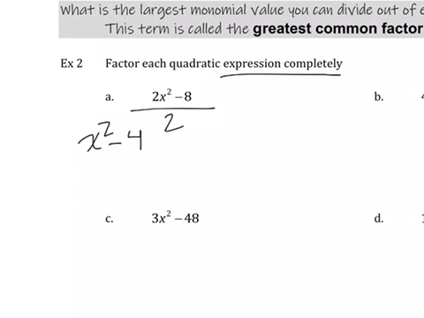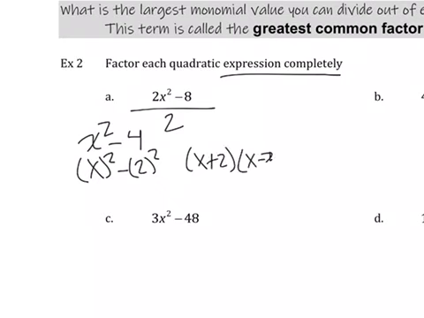If you notice here, we have a difference of squares. Using the difference of squares pattern, I have x being squared and a 2 being squared, so it's going to end up as x plus 2 times x minus 2. And that would give us our x squared minus 4.